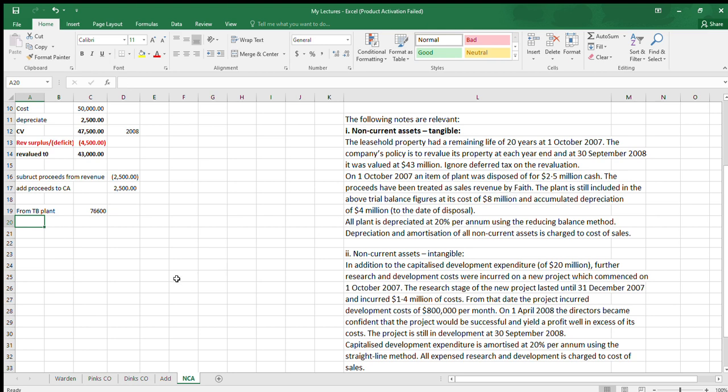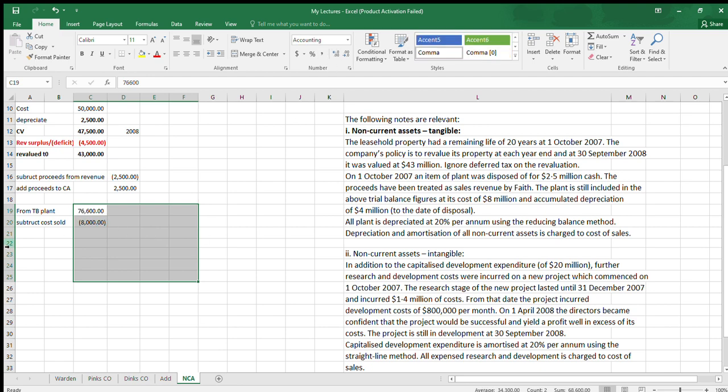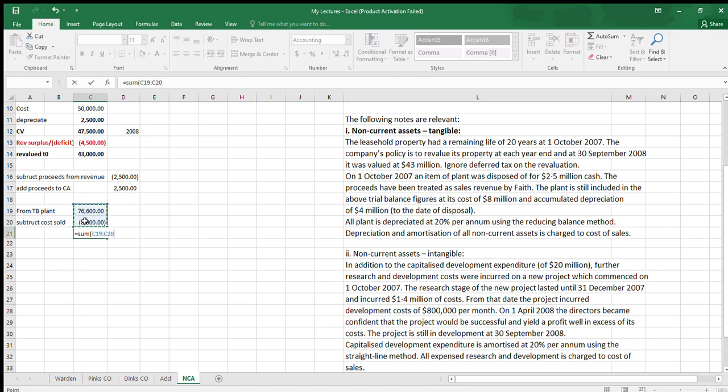So you subtract the cost of 8 million, that's 8,000. So you add it, you get the final figure. So the carrying value after selling the plant is 68,600.